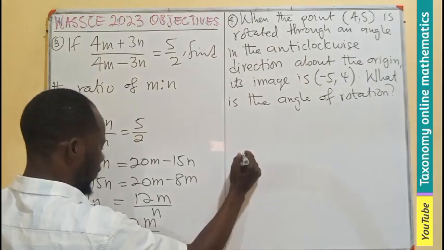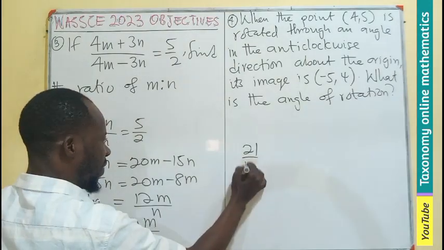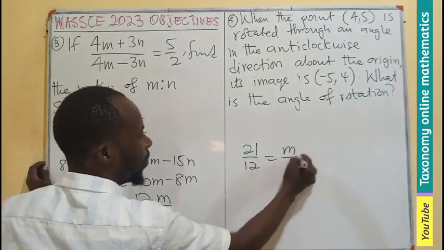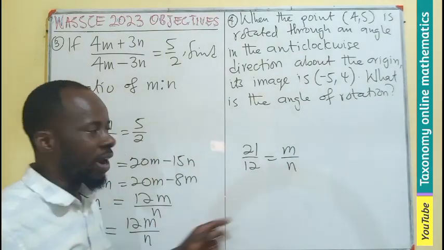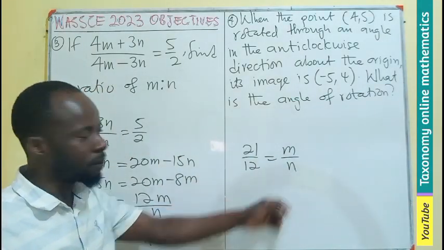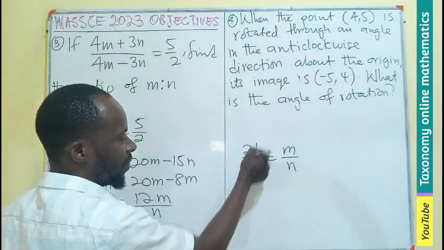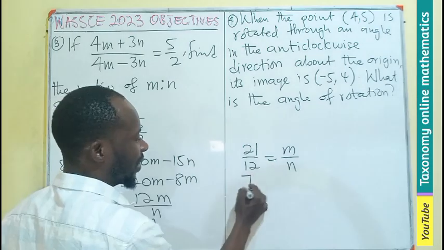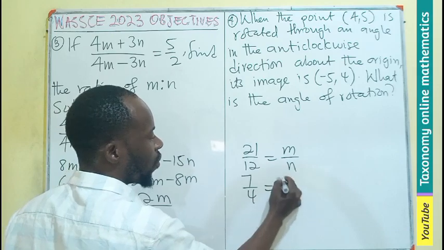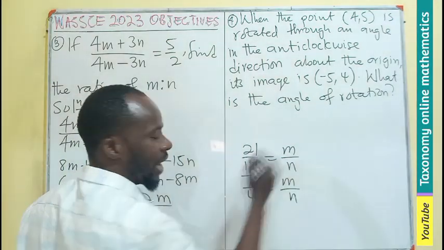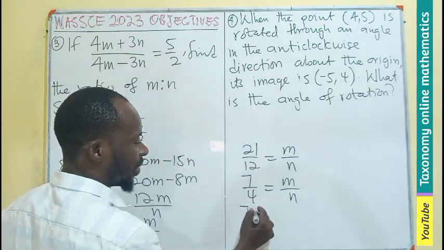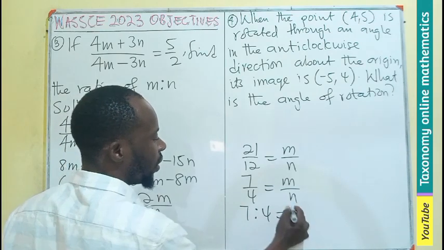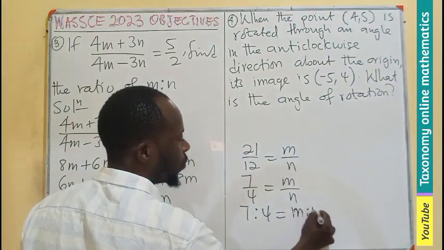And that will give us 21 divided by 12 equals M divided by N. Don't forget the fraction is also a ratio. So if I cancel this by the common factor of 3, I'll get 7 over 4 equals M over N, which means 7 is to 4 equals M is to N.